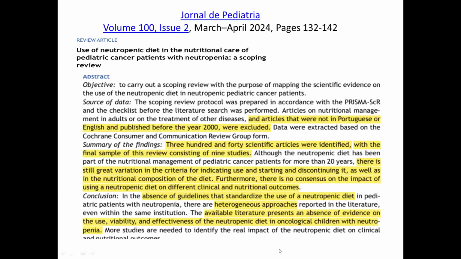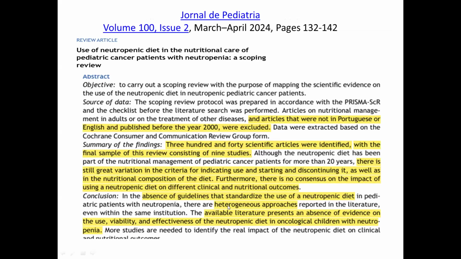neutropenic diet, and in this study where they checked for all English publications from the year 2000, about 340 scientific articles were identified, and they eventually ended up with only 9 studies.